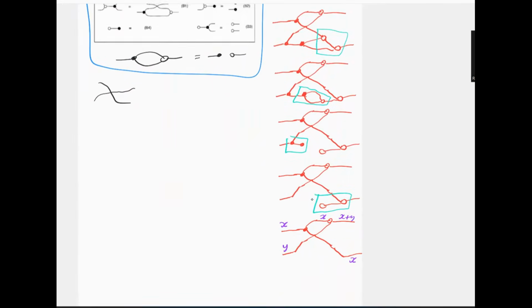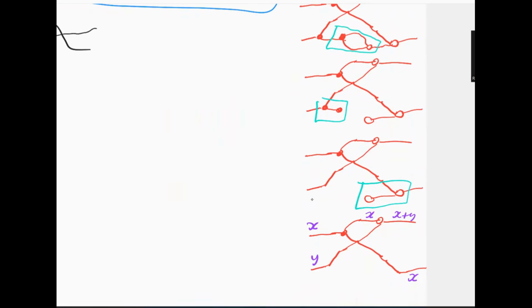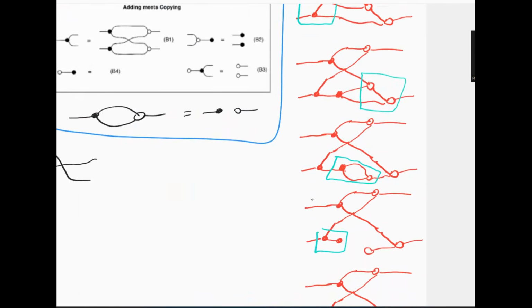An interesting thing that's happened is that we've got rid of the 2 equals 0 step. There was a step over here where we applied this rule, which basically says 2 equals 0, or multiplying by 2 is the same thing as multiplying by 0.